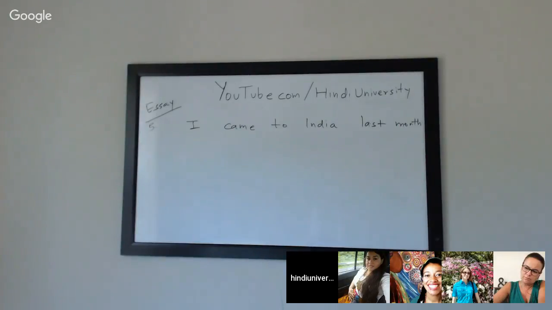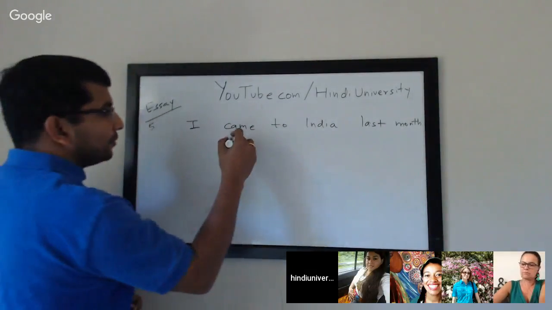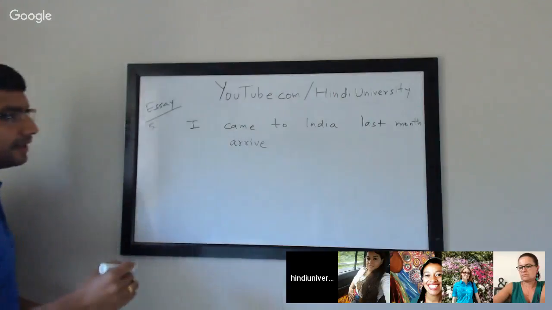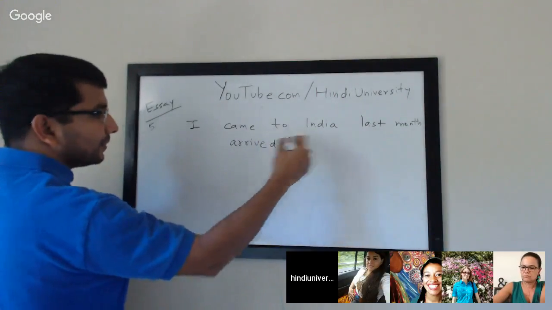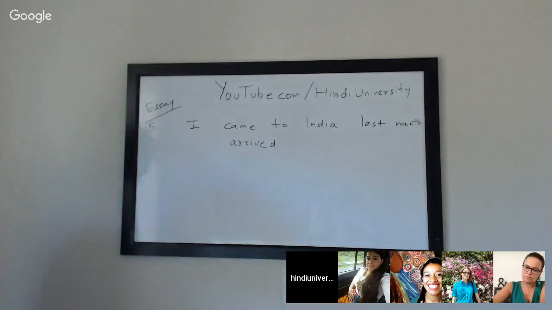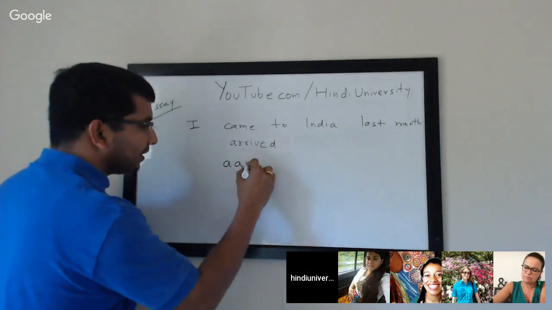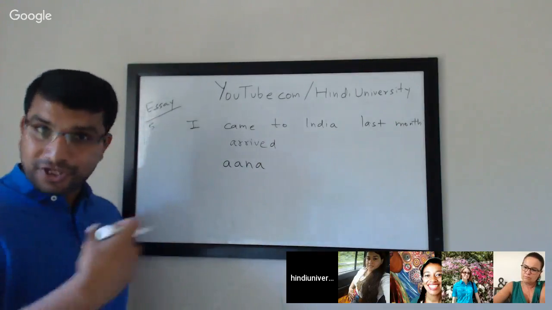To go is जाना, but in this case you can also say arrive. I arrive in India. Okay. So, as I mentioned, the word here is आना. आना is to come, जाना is to go.